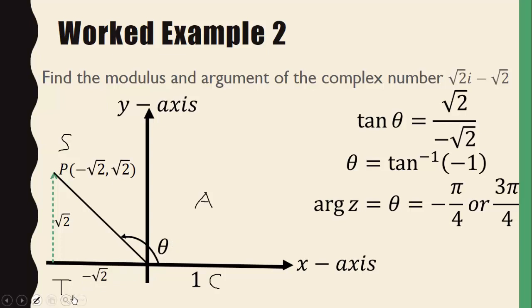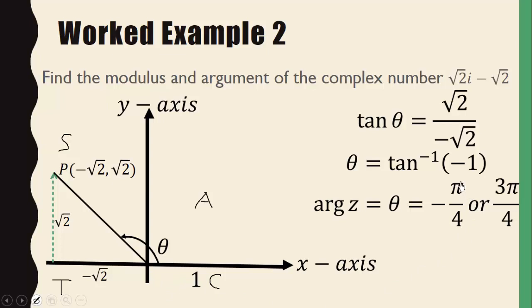Tangent is only positive in the first and third quadrants, but in the second and fourth quadrants it is negative. So theta is the tan inverse of negative 1, which means theta is equal to negative pi over 4, which is in the fourth quadrant over here.